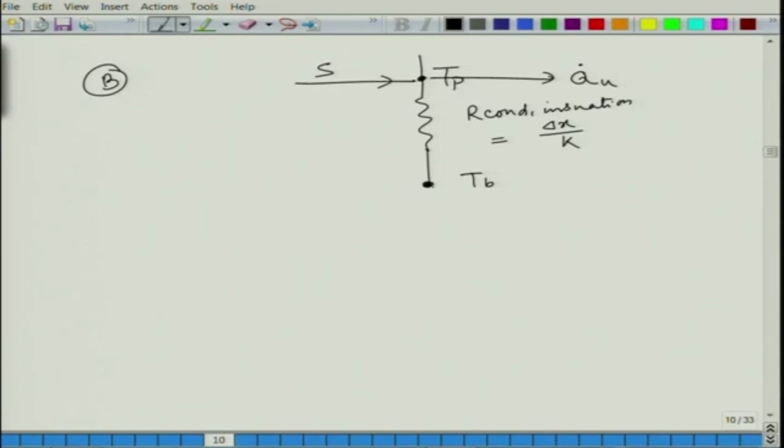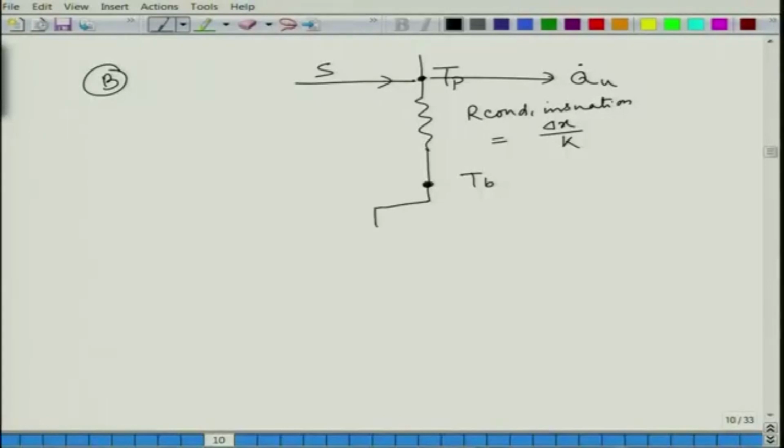And from the bottom layer or the base layer, again we have two resistances, one convection and the other radiation, and they will be in parallel.